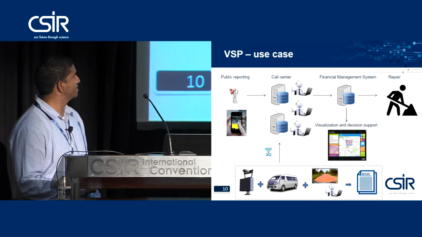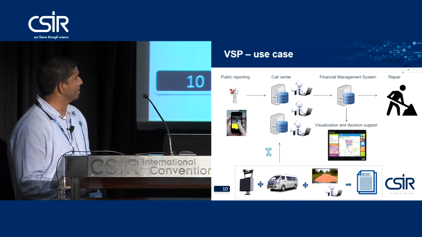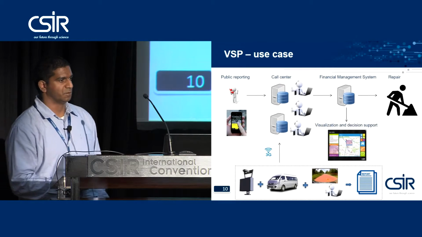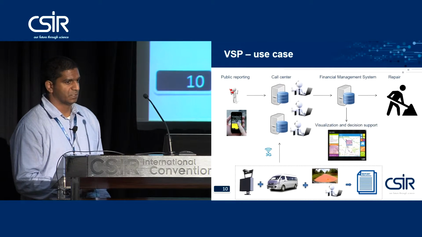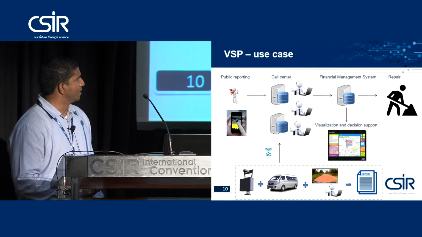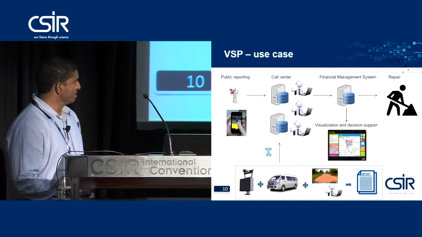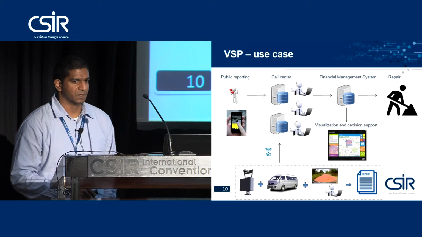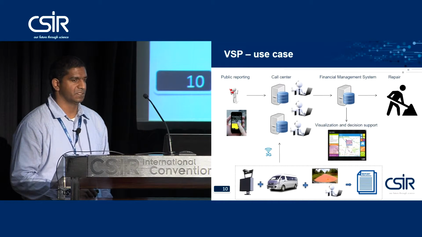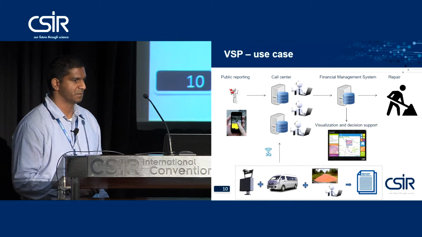The report gets sent straight to that call center database, and the call center operators make a formal report, put it into the financial management system, and hand it to repair teams. We can also then visualize information that's being passed through this line. So this is what we thought was the simplest way to actually deploy the unit in an existing municipality.